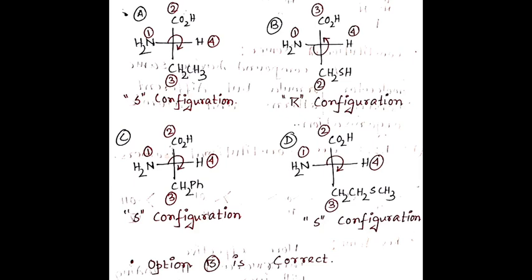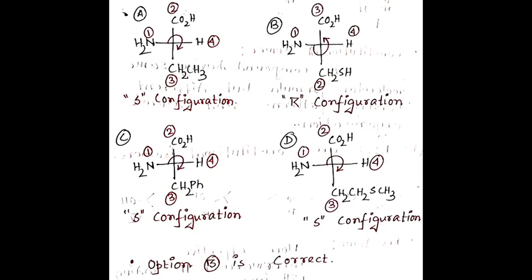After that, if we move 1 to 2 to 3, it rotates in a clockwise fashion, but the least priority group is positioned horizontally, that's why it has an S configuration.